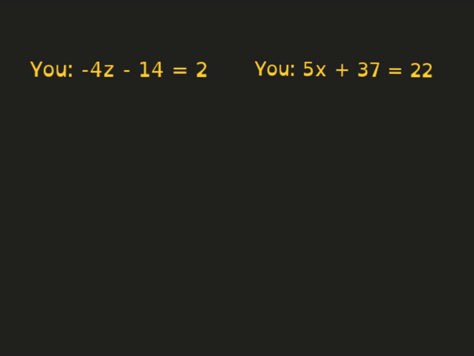Okay, so for the first one that you're doing, it's negative 4 times z minus 14 equals 2. So I'm going to do the opposite of minus 14, which is adding 14 to both sides. So I have negative 4z equals 16.